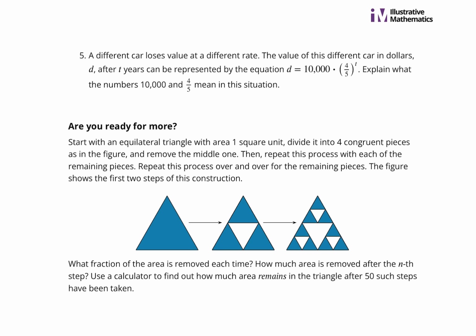So just like we saw in the previous problem, the whole number that we were multiplying by the power represented the cost of the car in year 0, like the purchase price. So this car must have been bought for $10,000, and it's losing, this is how much it's worth after a given year, 4/5, so it must be losing 1/5 of its value each year.